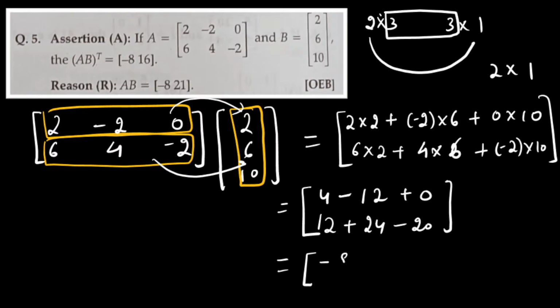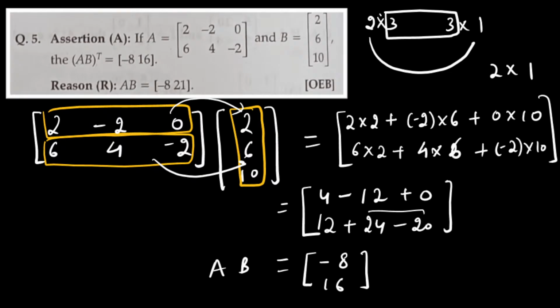So 4 minus 12 is minus 8. Minus 8 plus 0 is 0. 12 plus 24, or here we will do 24 minus 20 is 4. 4 plus 12 is 16. So this is matrix AB.